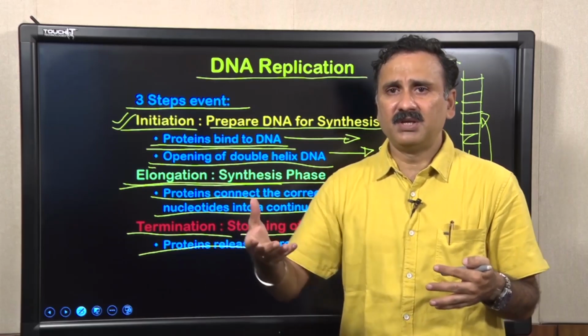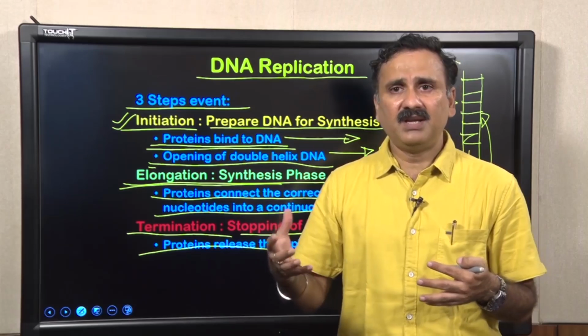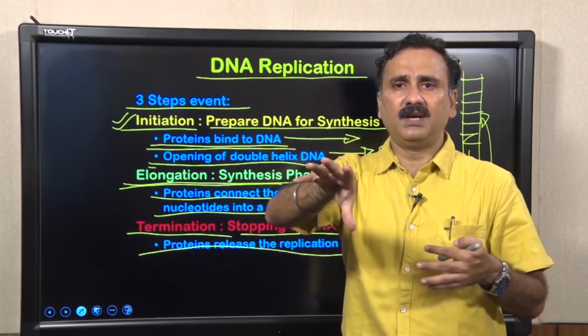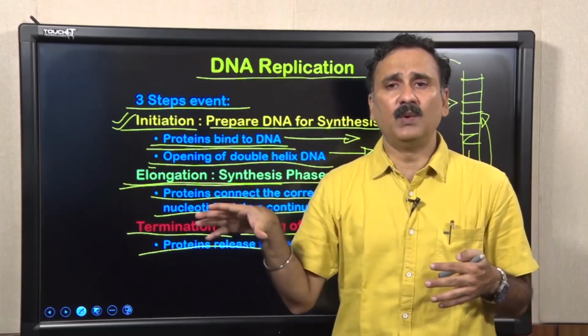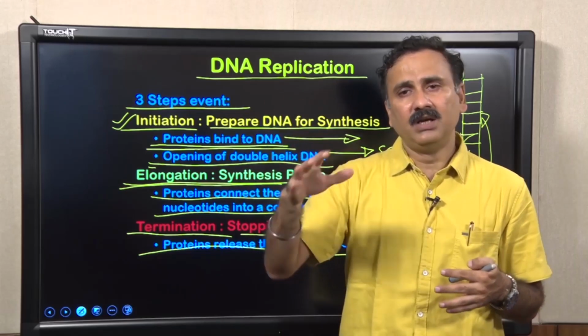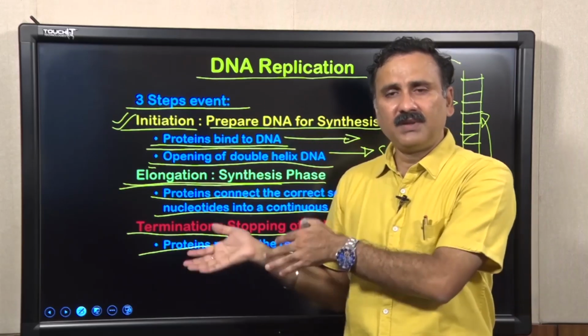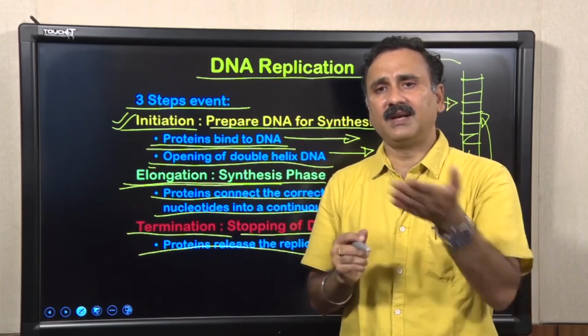And what is the DNA synthesis machinery going to do? The DNA synthesis machinery involves the DNA polymerases, which are going to sit onto the strand, read the original sequence, and based on the original sequence add the nucleotides onto the second strand, and that is how it starts the synthesis of the second strand.